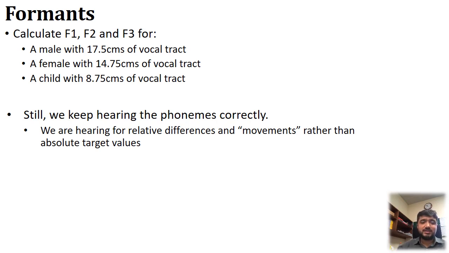Child could mean anything from very small babies to early teens. But just consider these three examples and figure out F1, F2, and F3 for a neutral vowel, schwa. You know that in the case of schwa, we don't need to consider a system of tubes. We just consider a simple tube which is closed on one end.